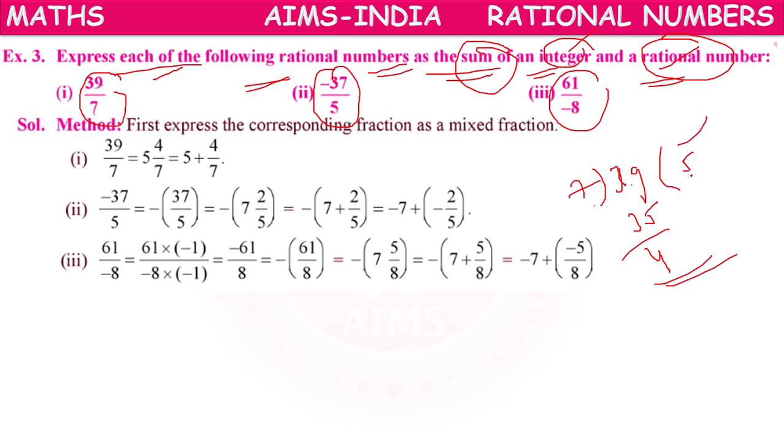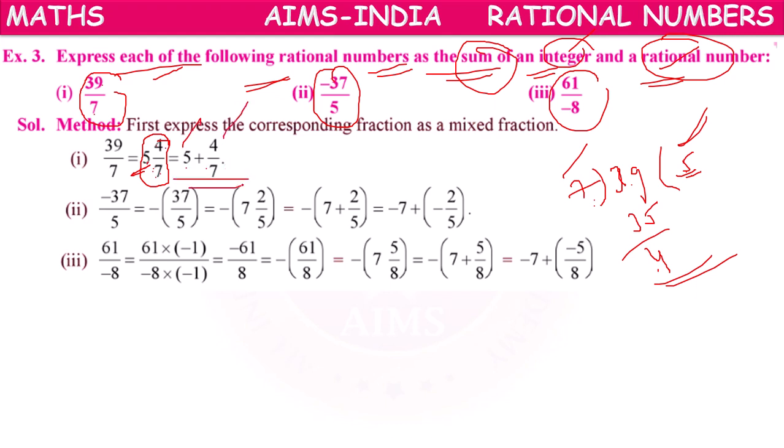It has 5 complete parts, and after 5 complete parts, 4 parts are still remaining out of 7 parts. So 5 complete parts plus the remaining part 4 by 7. In the form of a mixed fraction, 5 and 4 by 7 means 5 complete parts plus 4 by 7th part.